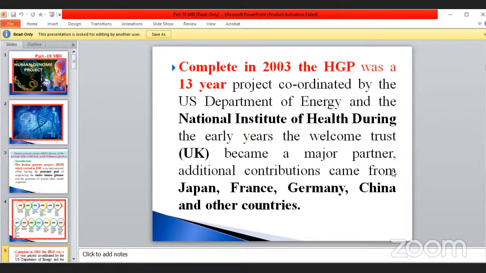Additional contributions came from Japan, France, Germany, China, and other countries also. So all the countries were very eagerly waiting for this project.